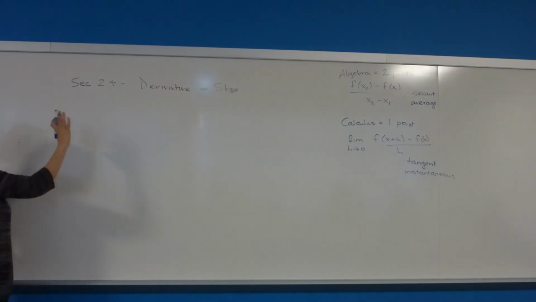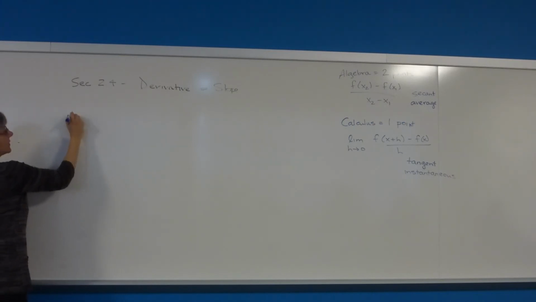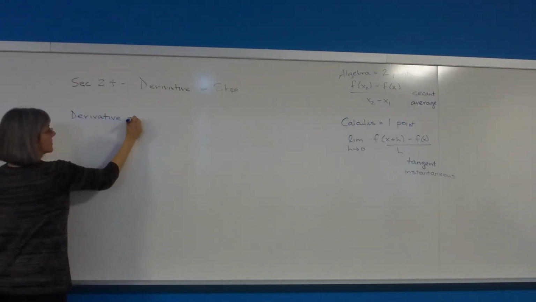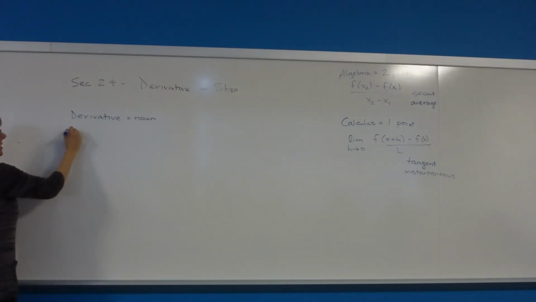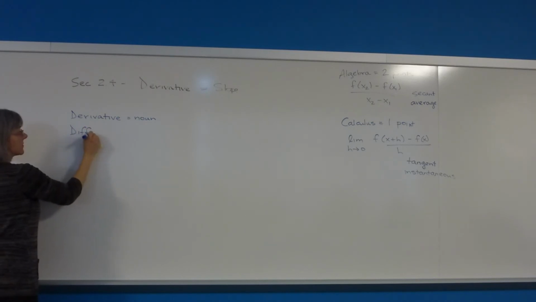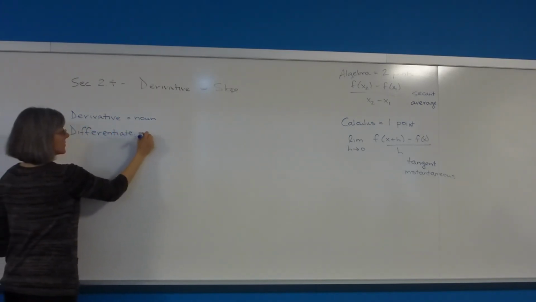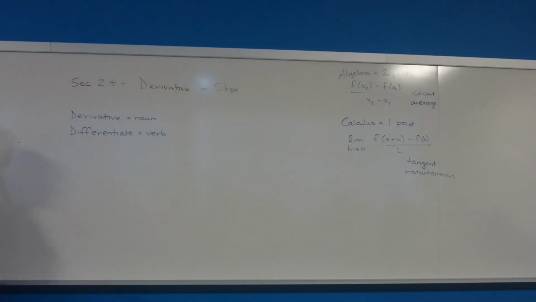So the instantaneous slope we do by finding the derivative. So the derivative is a noun. The verb is differentiating. So we differentiate a function to find the derivative.